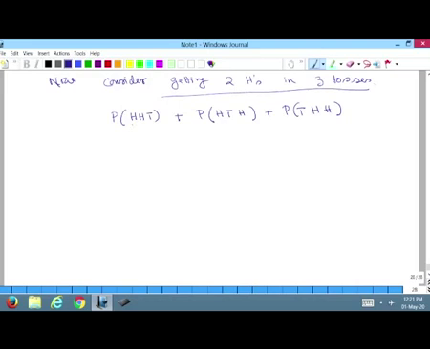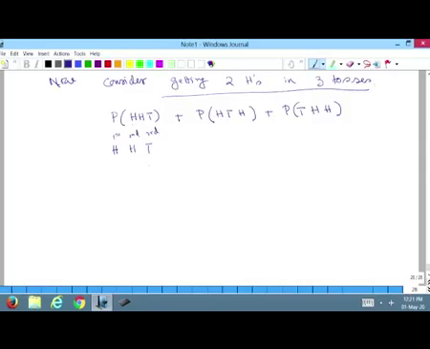That means probability of getting a first toss to be head, the second toss to be head and the third toss to be tail. What is the probability?